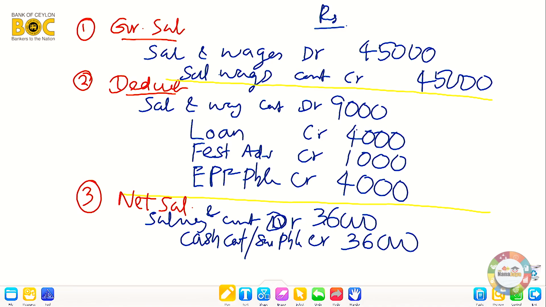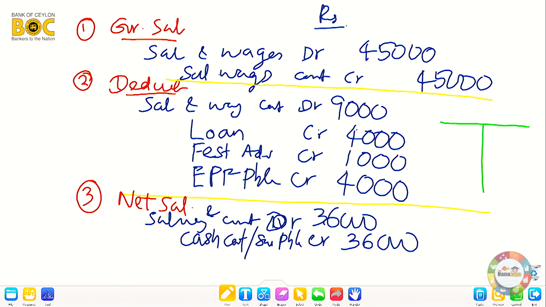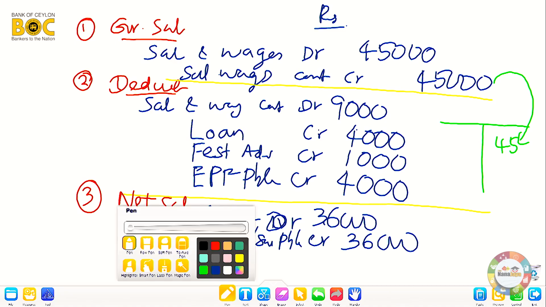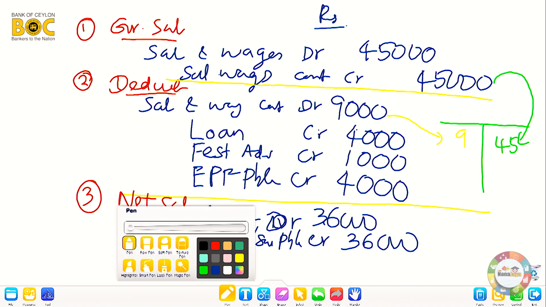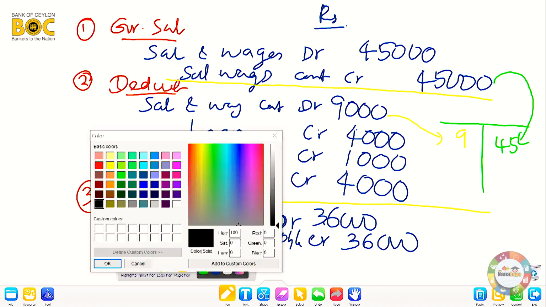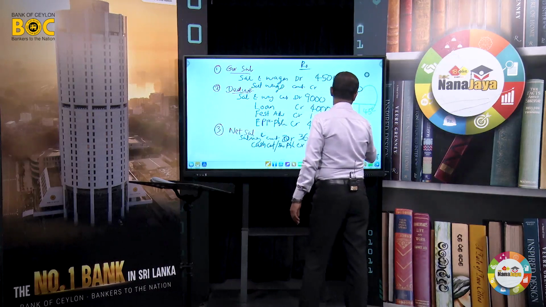Then this memorandum account, this is for your knowledge. If you draw the control account, you see the 45,000 you credited, then the 9,000 you debited, and the 36,000 you debited.